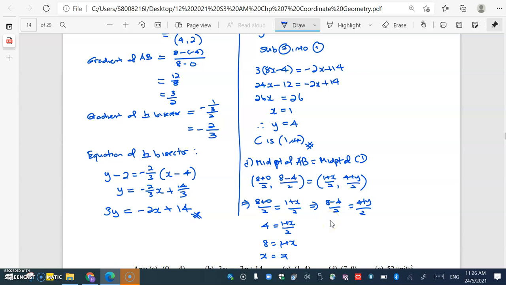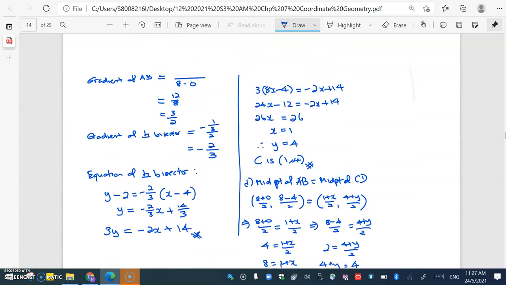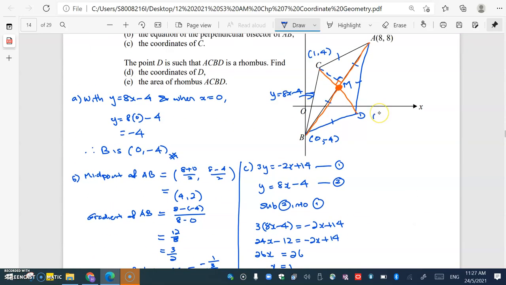So I know this is 2 equals 4 plus y over 2. 4 plus y equals 4, y equals 0. Therefore, you get your point D. D is (7, 0). Let's put (7, 0) in the diagram and check out what they want in the last piece.